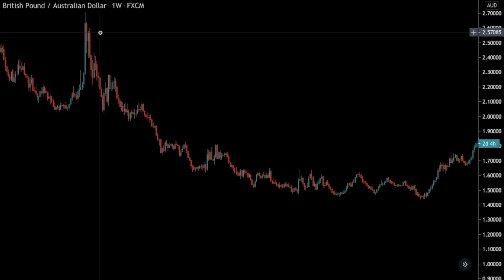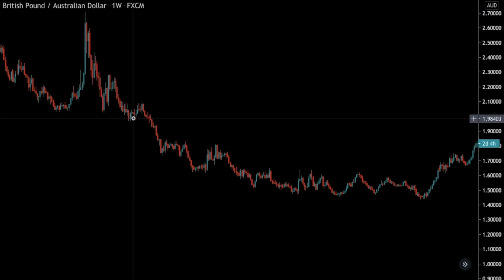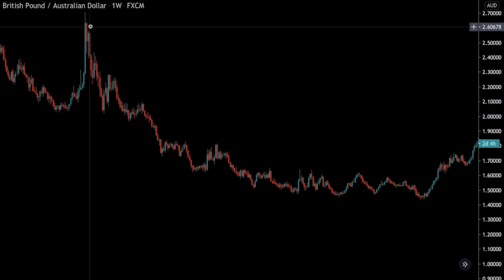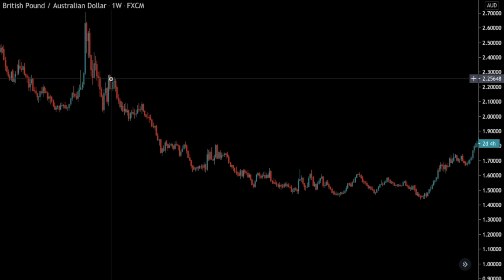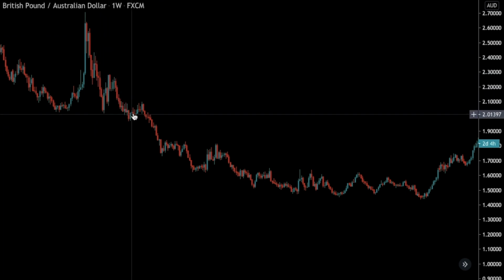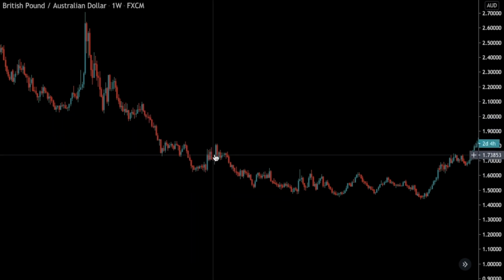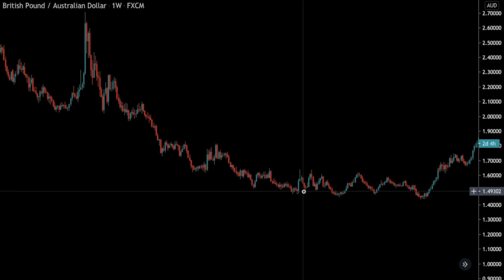So it's very simple. It's not hard. This is clearly trending down, and it is forming lower highs. Here's a high. Here's a low. Here's a lower high. Here's a lower low. A lower high, lower low, and it continues forming these lower highs and lower lows until right down here.